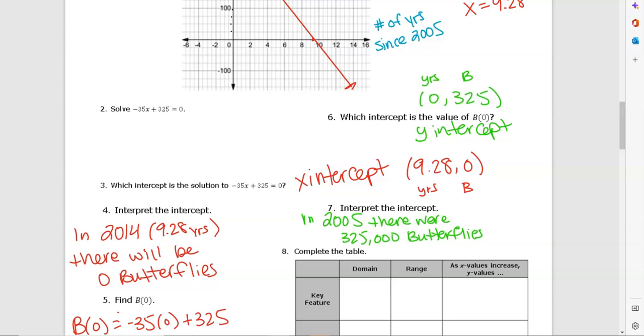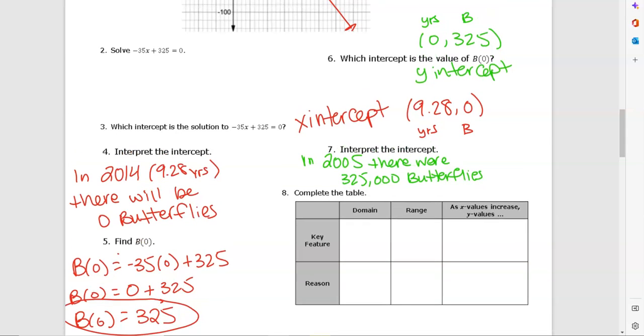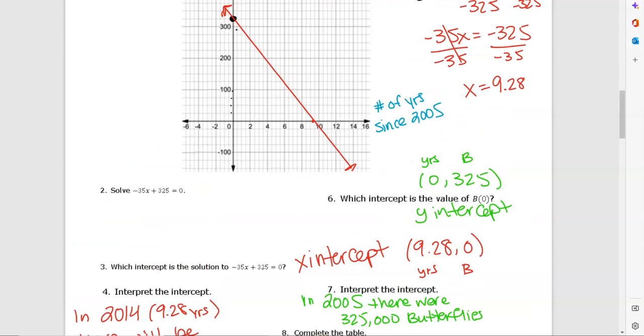All right, let's complete the table just like before. So what is the domain in particular to this example? Domain is my x's. These are my years, right? So in between what and what? In between 0 and 9.28.